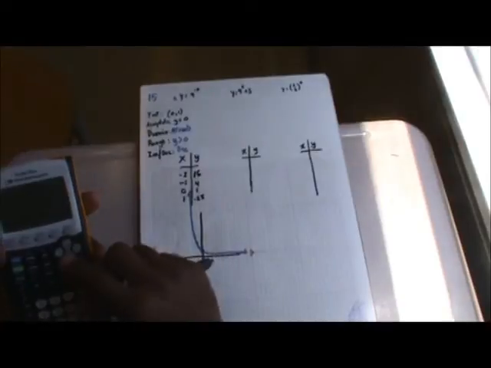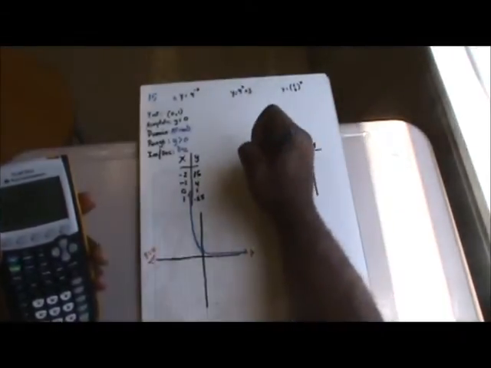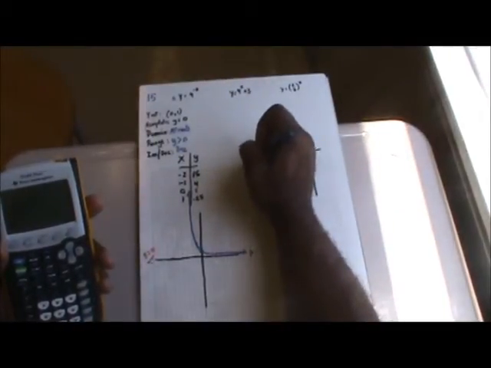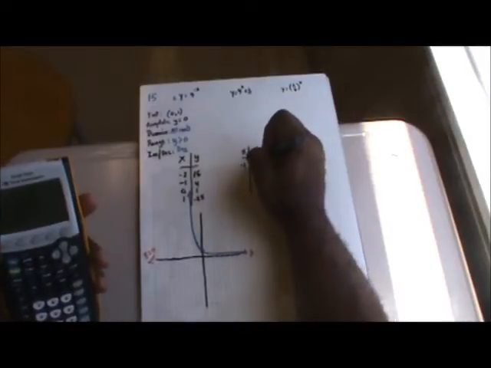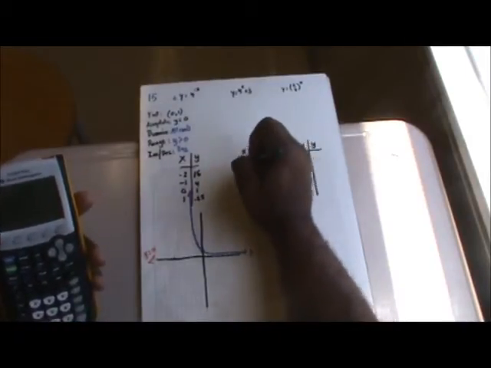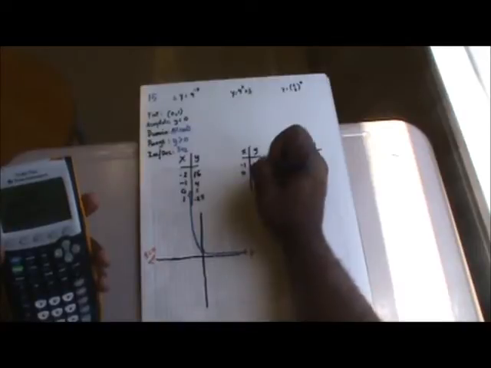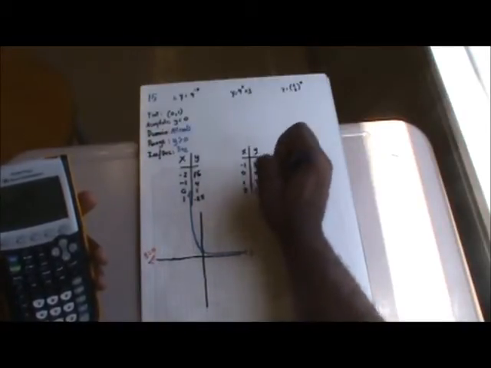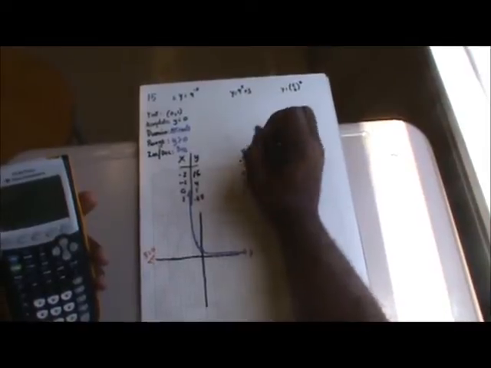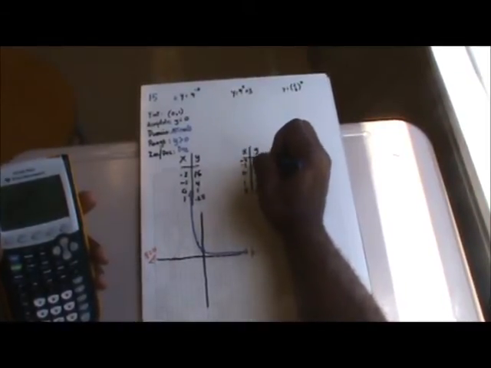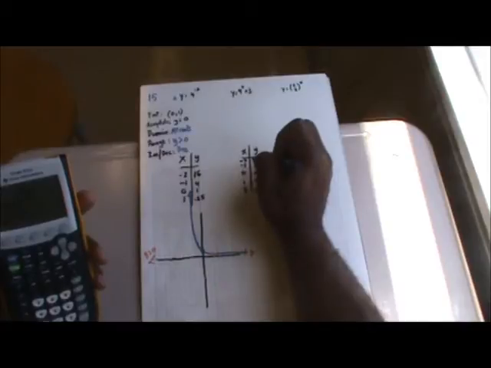Let's get some values. In this case, we have -1 and 3.25, 0 and 4, 1 and 7, 2 and 19, and I'm going to put -2, 3.0625.